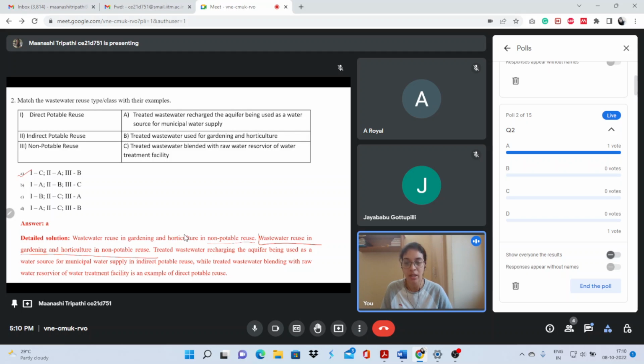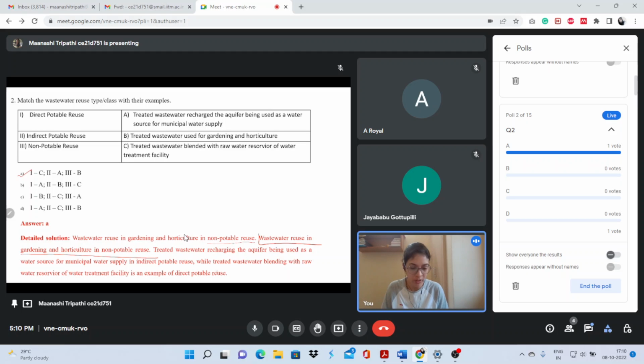when we are recharging the aquifer, meaning the groundwater table, we are not directly using the wastewater, but we are storing it somewhere and blending it with the raw water storage facility which is already present inside the ground, then we are using it.